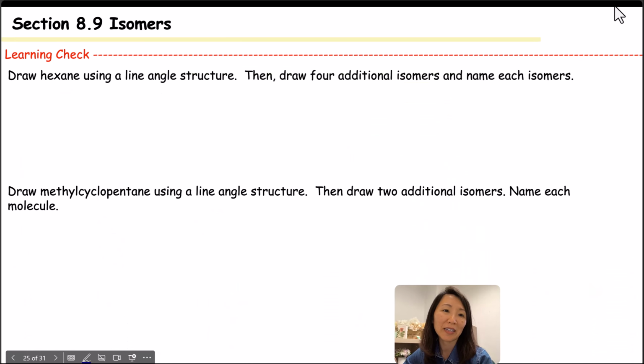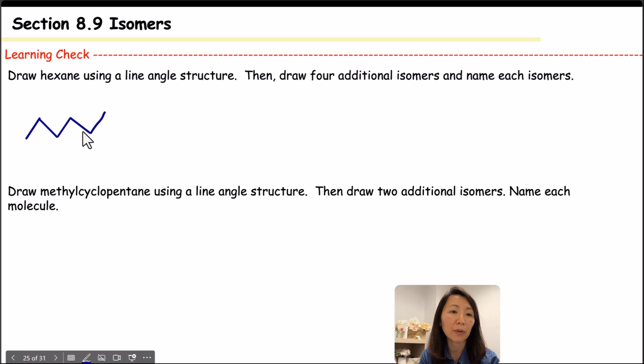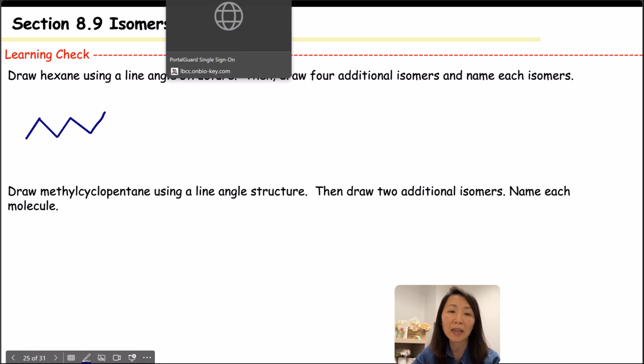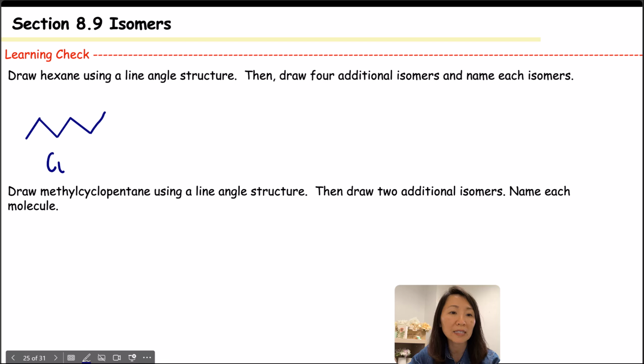Let's do a learning check. It says draw hexane using a line angle structure. So hexane has 6 carbons: 1, 2, 3, 4, 5, 6. Every corner represents a carbon. And this has a molecular formula of C6H14.